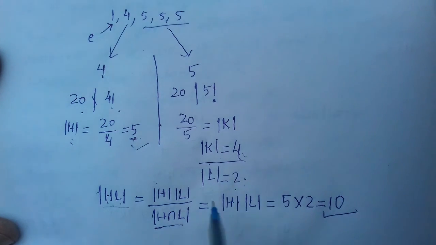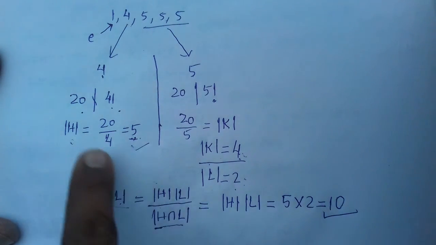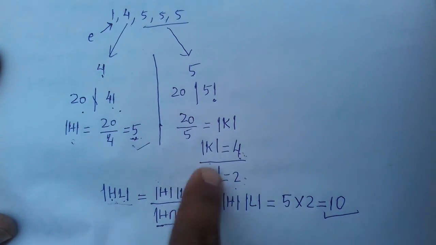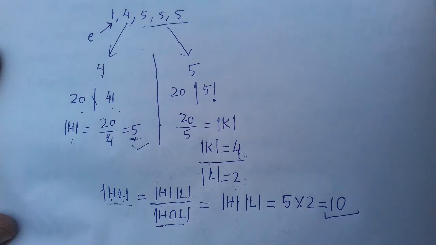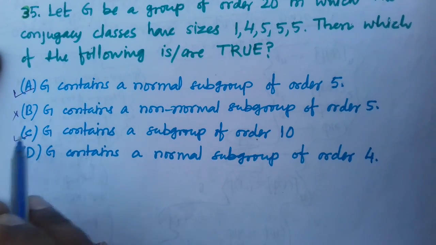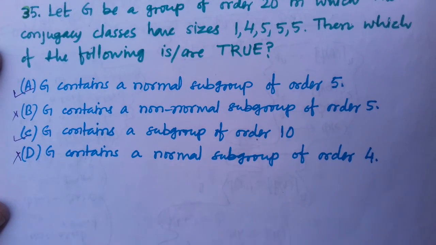So there are 4 subgroups, and this subgroup H is normal. K, L and HL, these 3 subgroups are not normal. So our correct options will be A and C. So A and C are correct options.